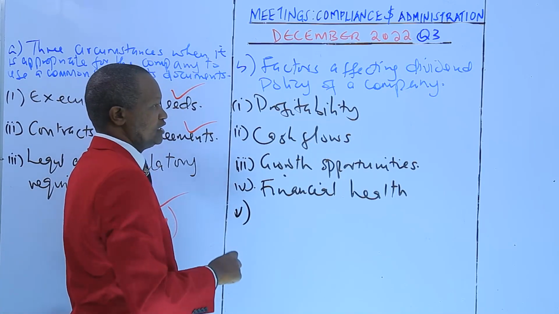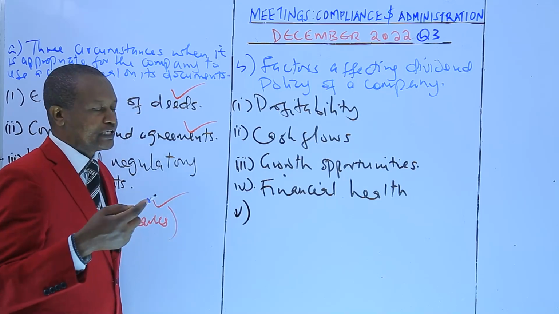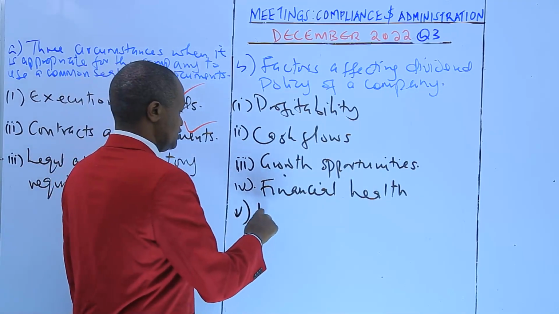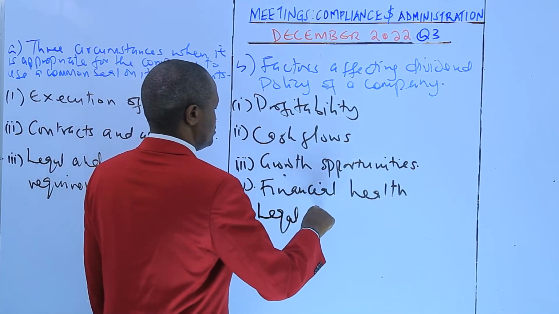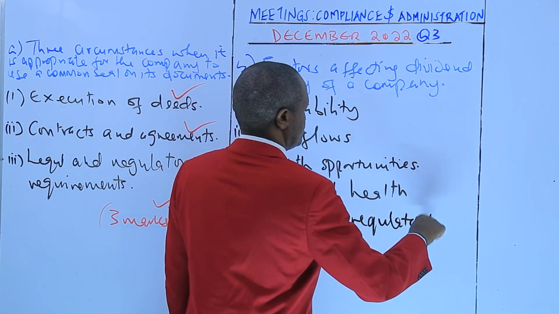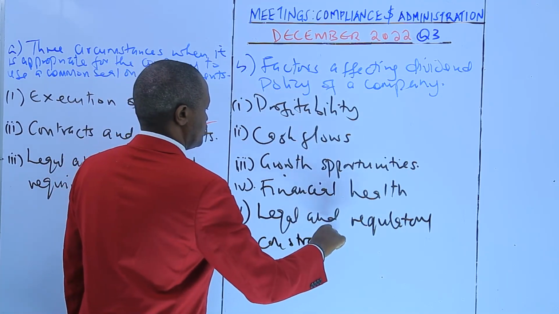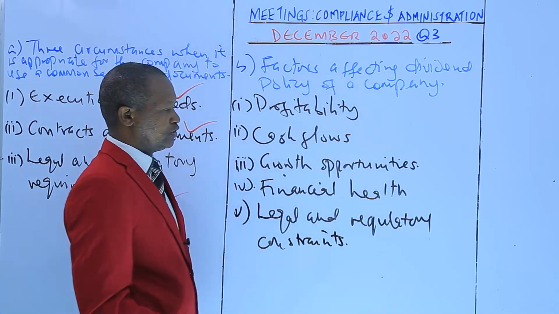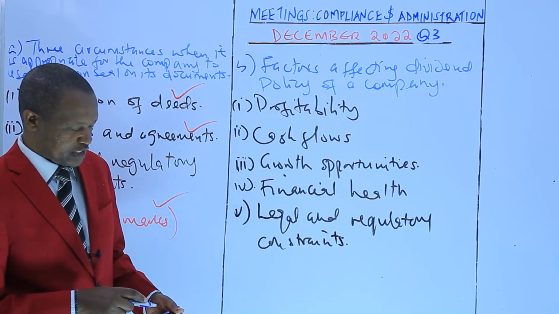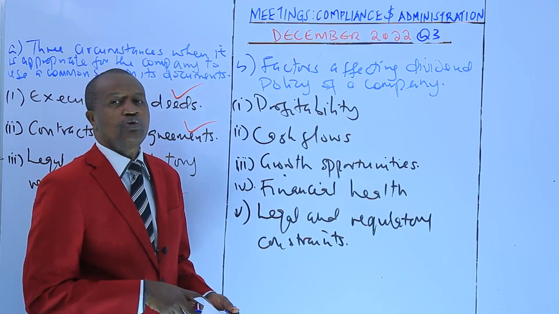Five, another factor is legal or regulatory constraints.